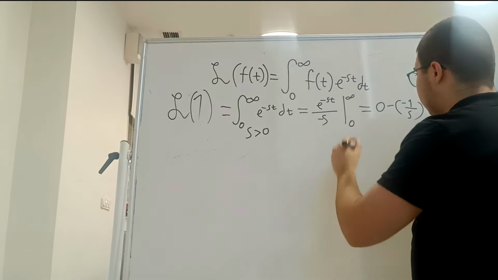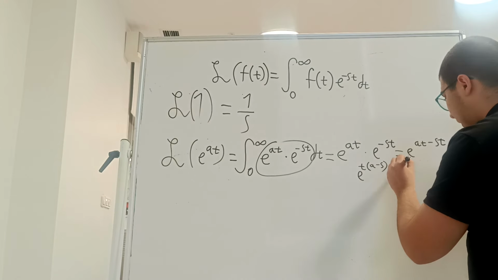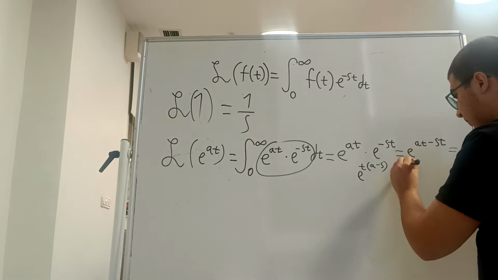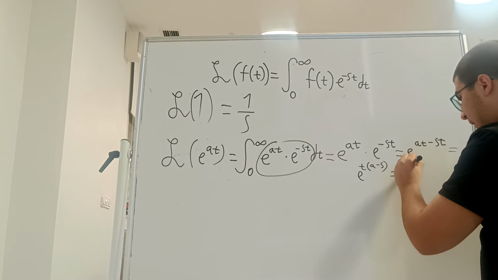at minus st. What I'm going to do is factor out the t here. So this is equal to e to the t times a minus s. And I'm going to factor out a minus 1 from this, so I multiply by minus 1, the signs flip, and I get s minus a times t.